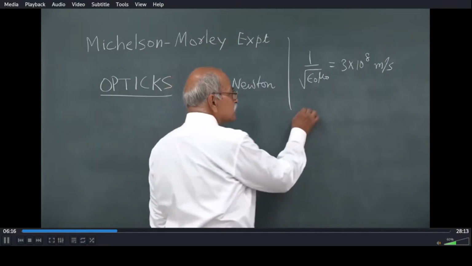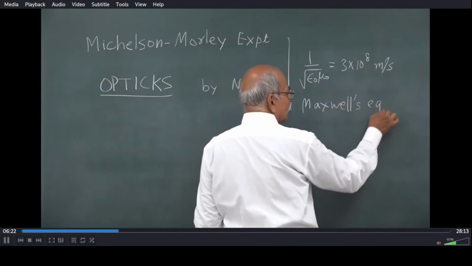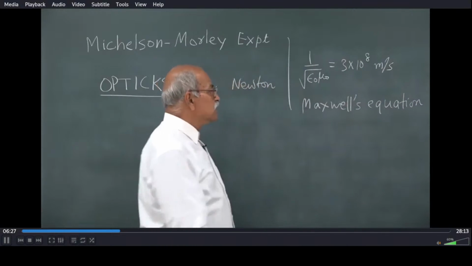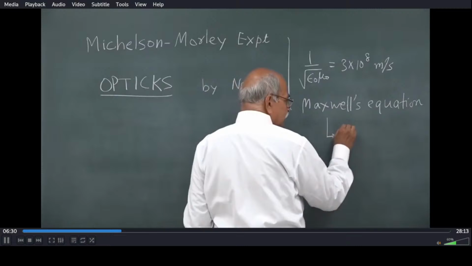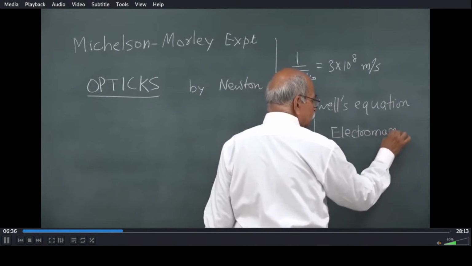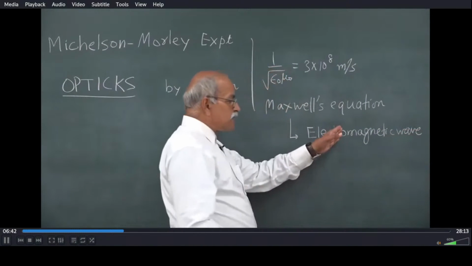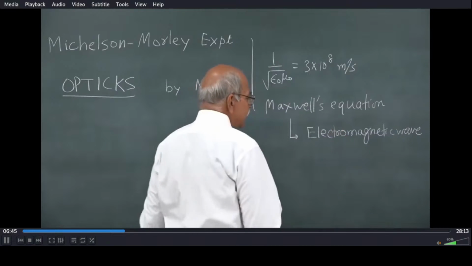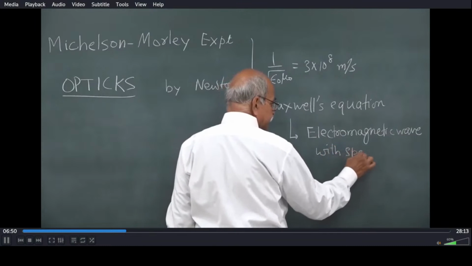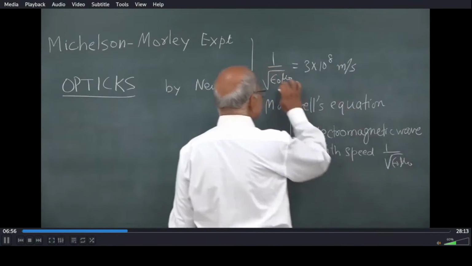And those Maxwell's equations, I am not writing the equations, that will be in the course on electrodynamics, but these equations tell that one can have electromagnetic wave, electric field and magnetic field propagating like a wave, and that wave will have a speed which is once again this much.